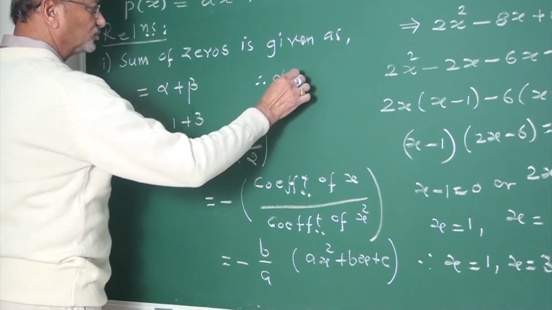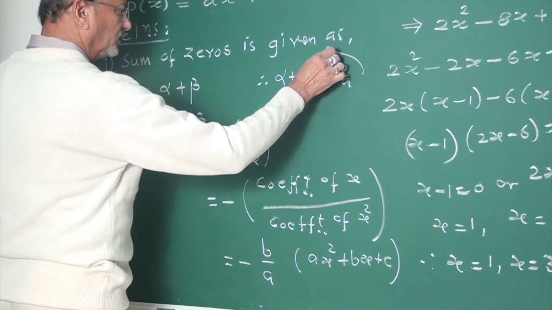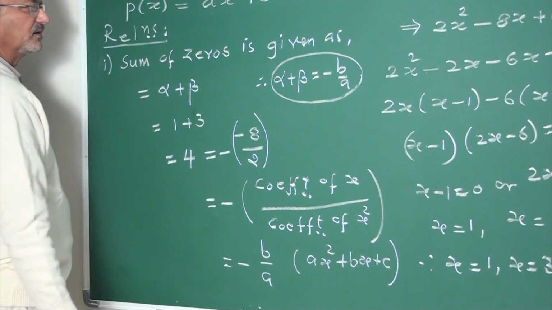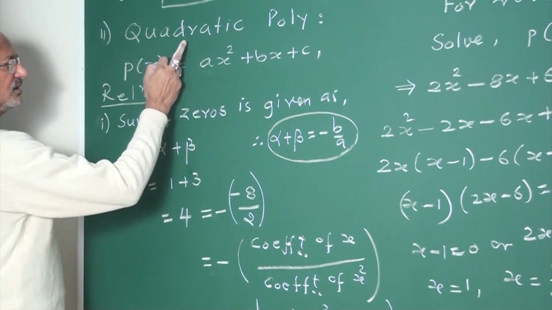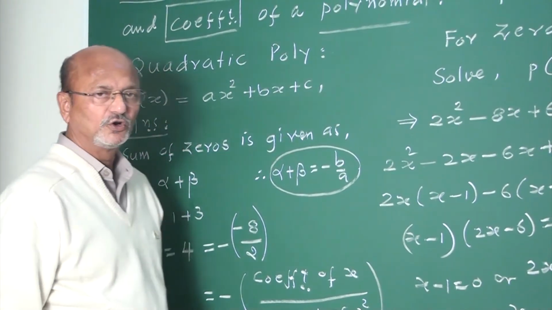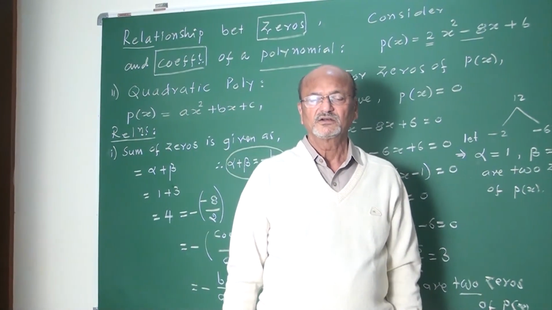Sum of the zeros is minus b by a. It is related to this general quadratic polynomial. So, what is the relation between zeros and coefficients?